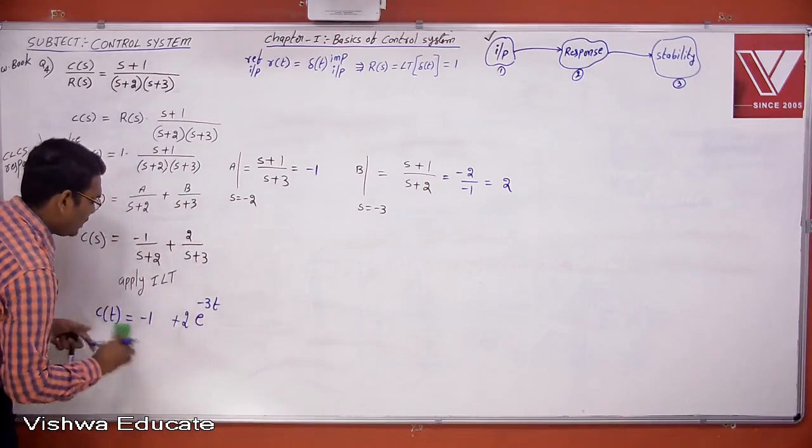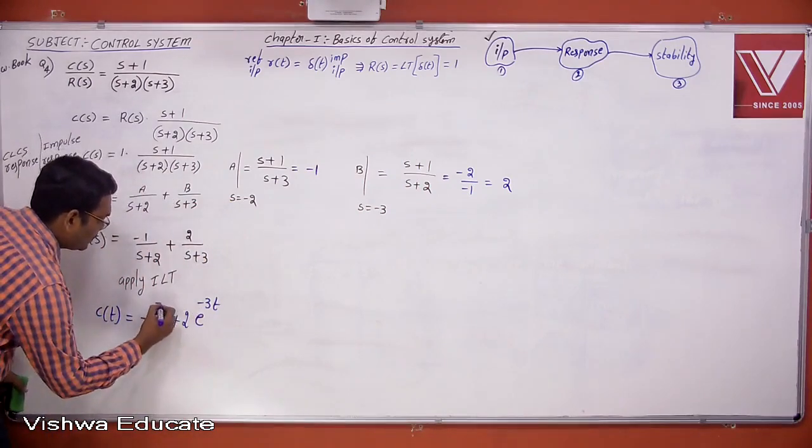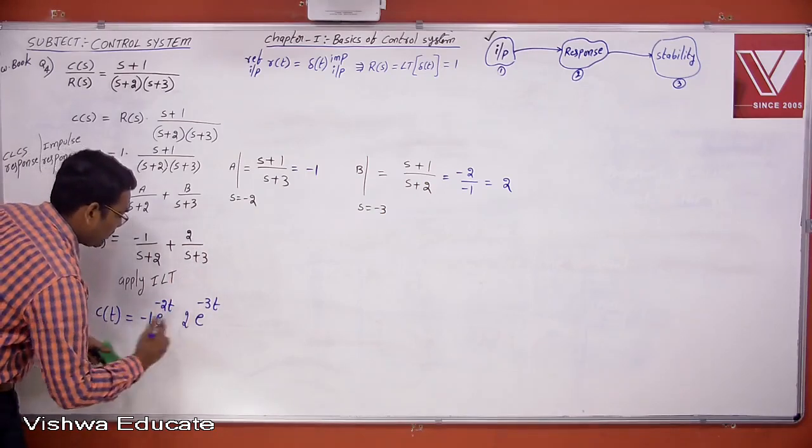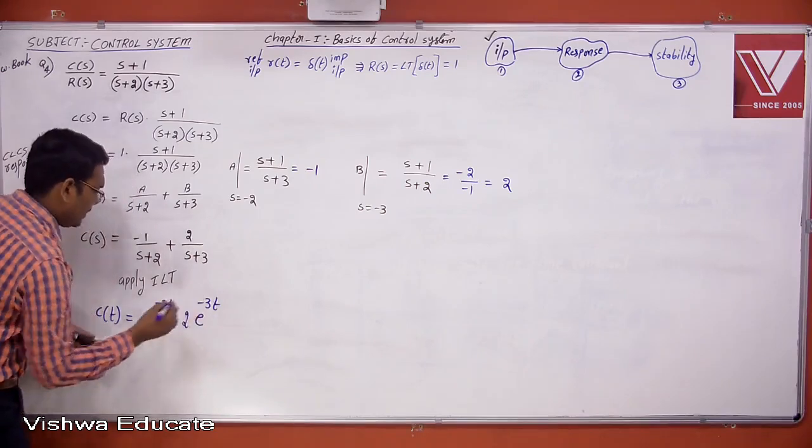Now 1 by s plus 2 inverse Laplace transformation is e power minus 2t. 1 by s plus 3 inverse Laplace transformation is e power minus 3t.